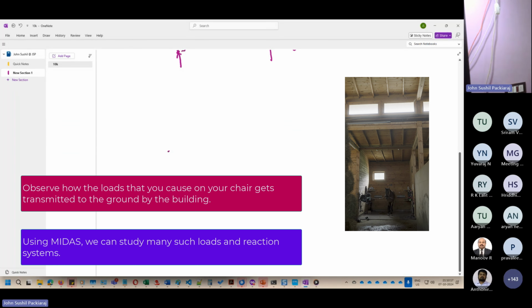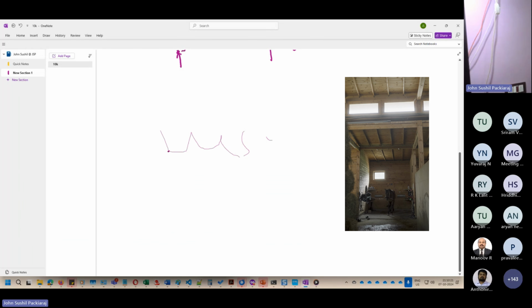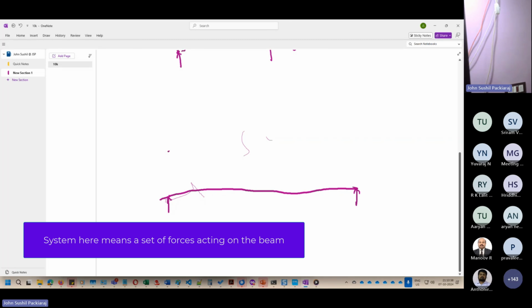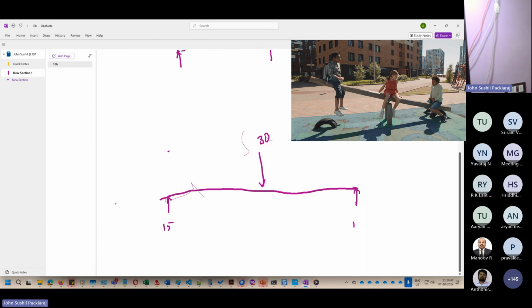Let us say that you would have studied the principle of levers, and that is what we use a lot here. Suppose this is a straight line, guys. Suppose I'm going to have a system here. If the load is right in the middle, automatically we'll say that the load is equally divided on both the sides.